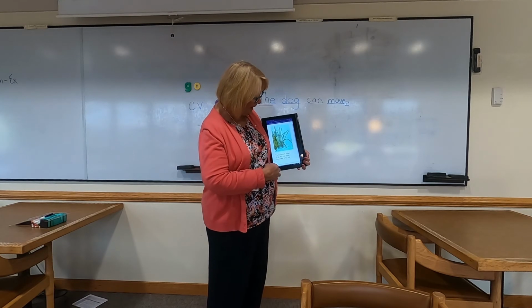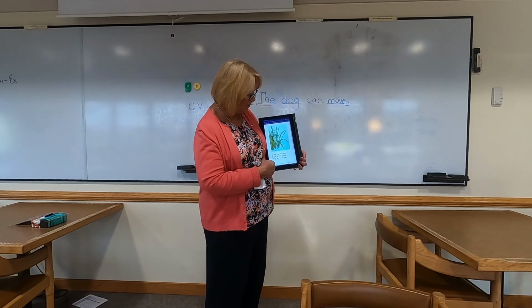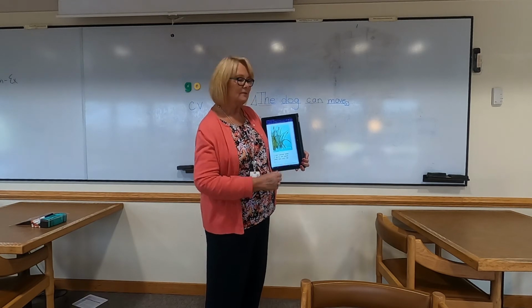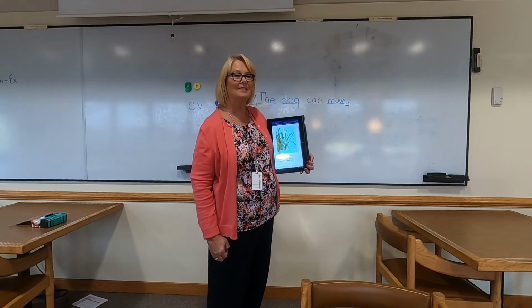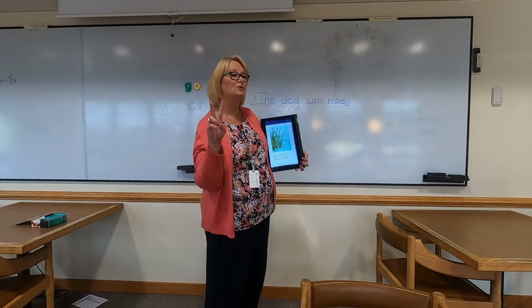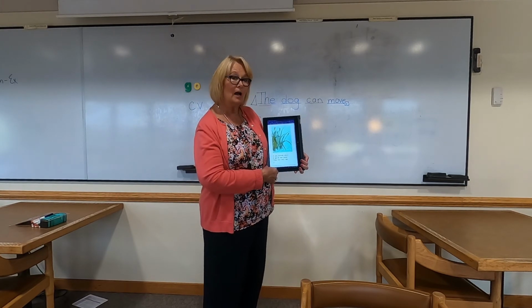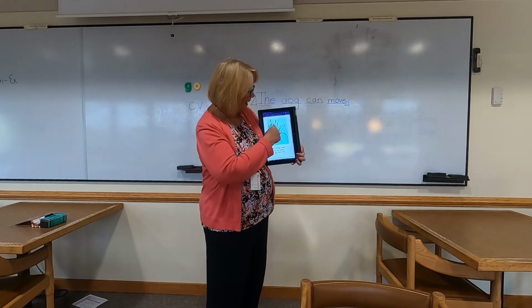I see cattails when I go to the pond. They are very tall. I bet somebody can tell me what cattails. We talked about two words that go together to make one word. Remember, it's a compound word. Cattails is a compound word, and these are cattails.